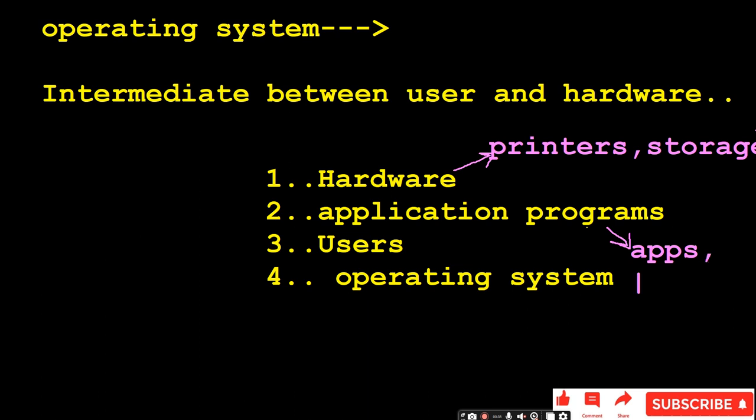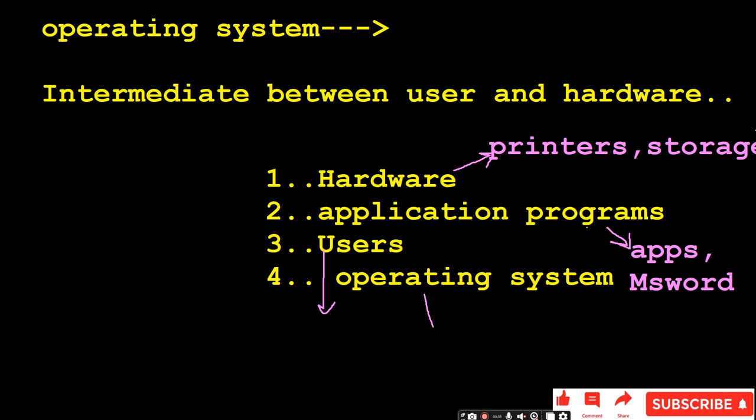For example, if you take MS Word and print, you will get the print in the printer. So application programs use the hardware. And who are the users? We people are the users, who use hardware and application programs.